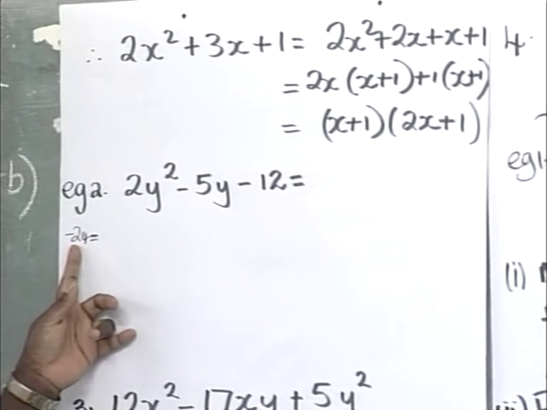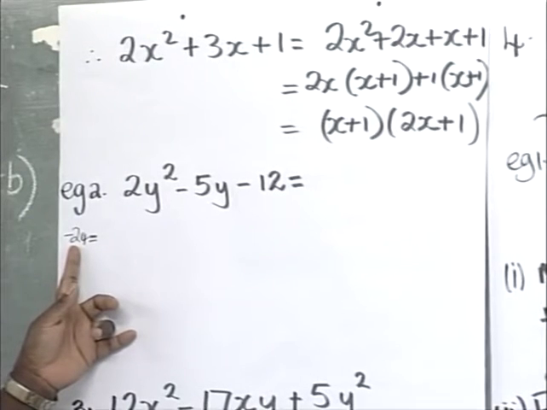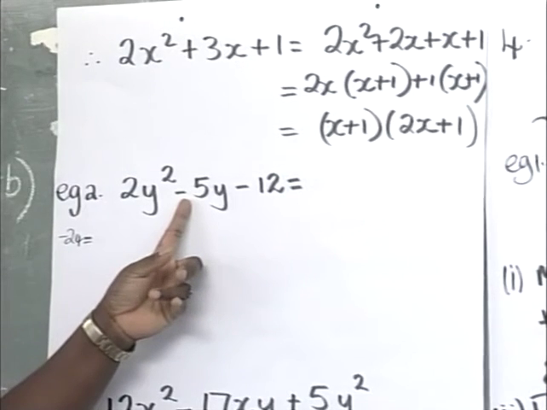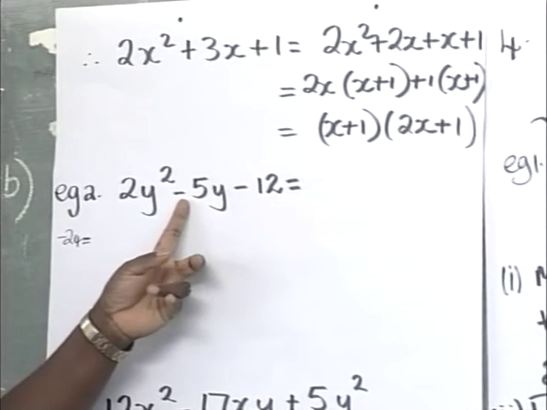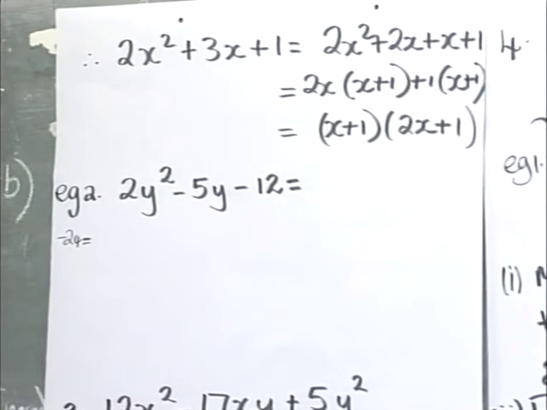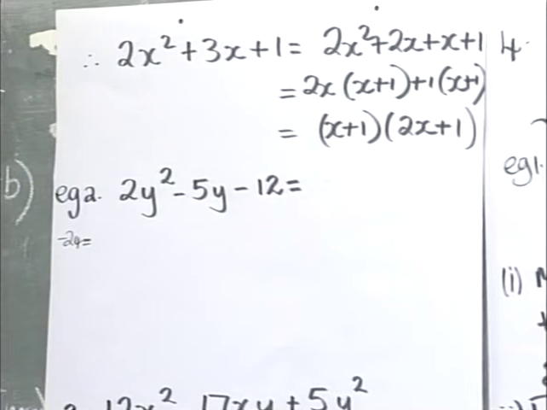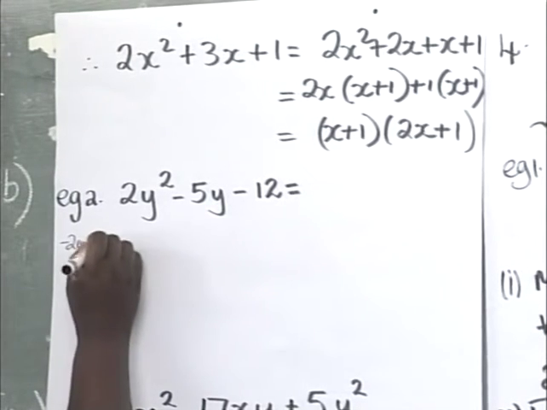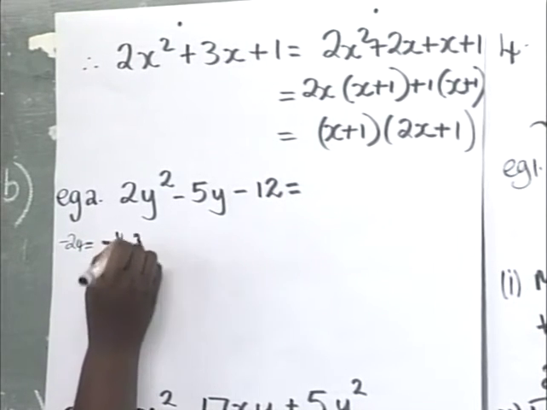When I add them or when I subtract them, we just say sum of. That will give you a sum of negative 5. Okay, 2 factors of negative 24, that will give me negative 5. Anyone? Put your hand up if you know. Vui? Negative 8 and positive 3. Okay, negative 8 and positive 3.